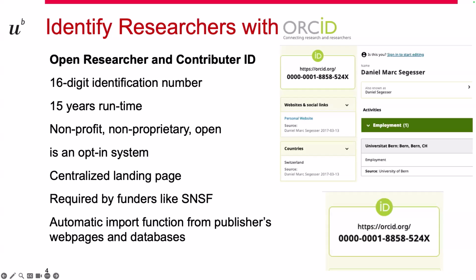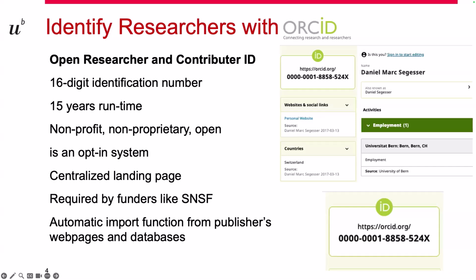ORCiD is actually nothing new. It's been around for about 15 years now, and it's a non-profit open source platform that is not owned by any company or any, let's say, shady organization. So it's open and open source. Another benefit is that it works with a lot of research systems.